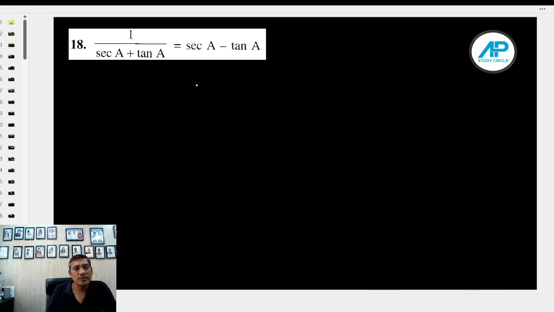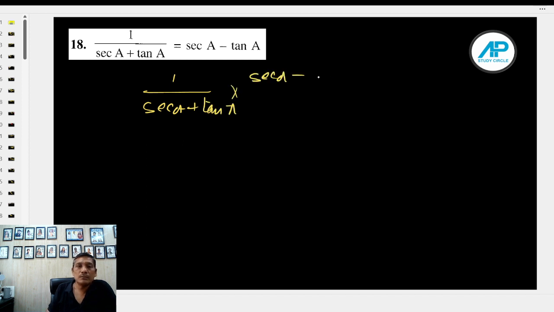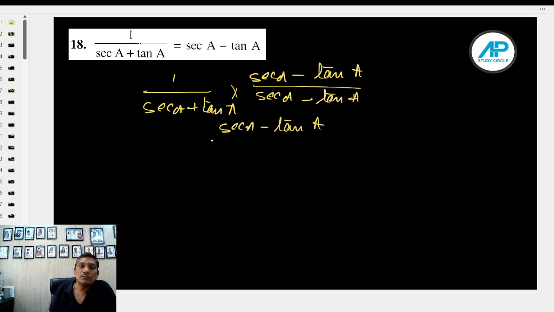A different category question: 1 upon sec A plus tan A equals sec A minus tan A. Now if you see very carefully, 1 upon sec A plus tan A is the reciprocal, and this is 1.